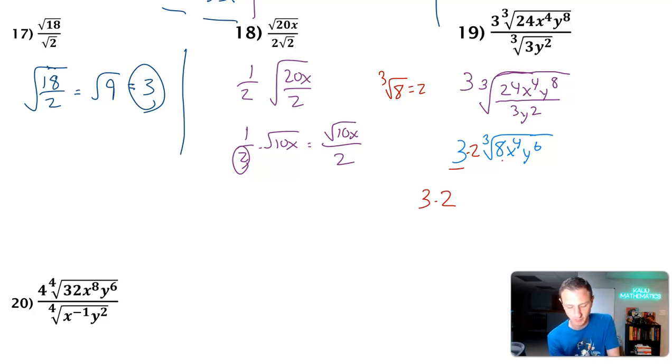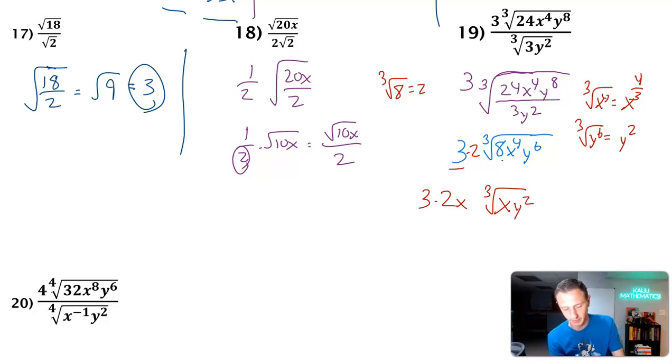So simplifying those variables, the cube root of x to the 4th is x to the 4 over 3. 3 goes into 4 one time, so a single x is going to come out, leaving a single x on the inside, because 3 goes into 4 one time being 3, and then one more is 4. Then y to the 6th, so the cube root of y to the 6th, 6 divided by 3 is 2, so y squared.